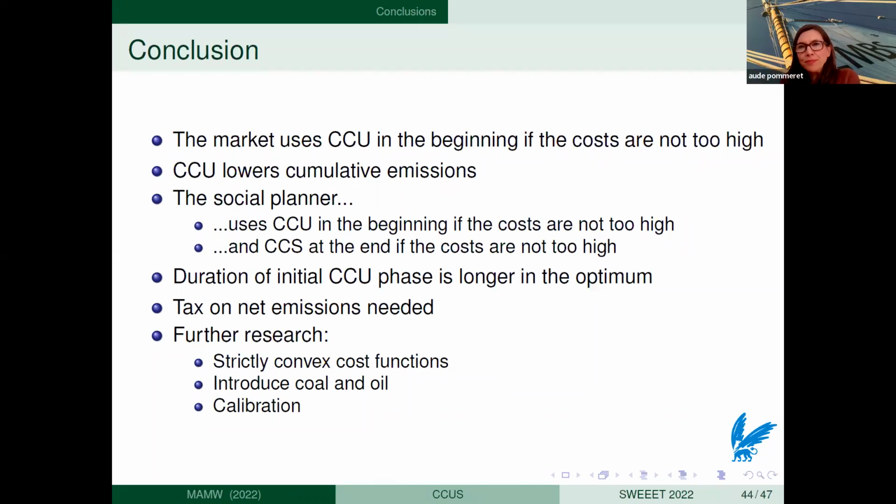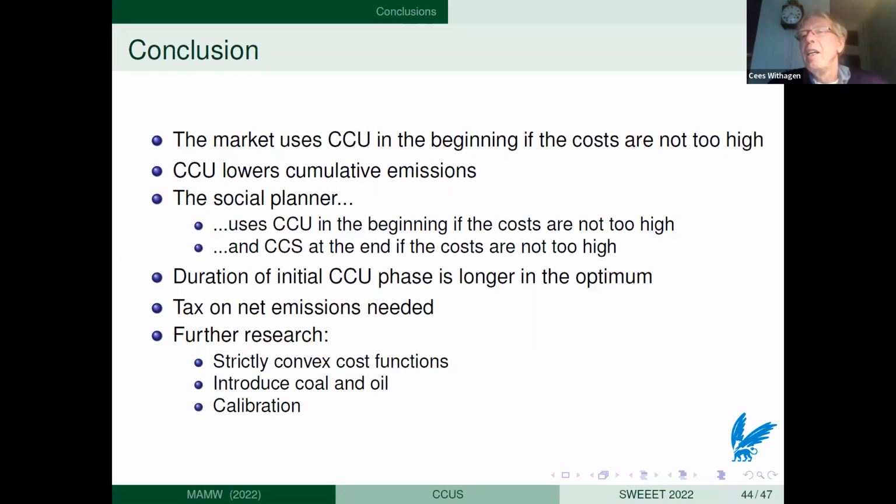Sure. If we now assume that the marginal cost is bounded from below, and if you have strictly convex CCU cost or strictly convex abatement cost, then, if you do it in a quadratic way, the marginal costs are zero when you don't do any of these activities.